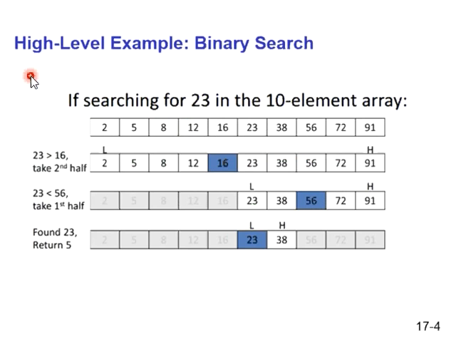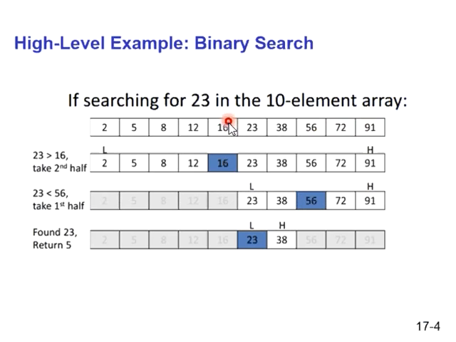Now we go to a high-level example for binary search, one of the famous applications for recursion. Over here we have a sorted list of values. For example, you have 10 values and they are sorted integers. You want to find the value 33, and we have the indexes start and end, or low and high.